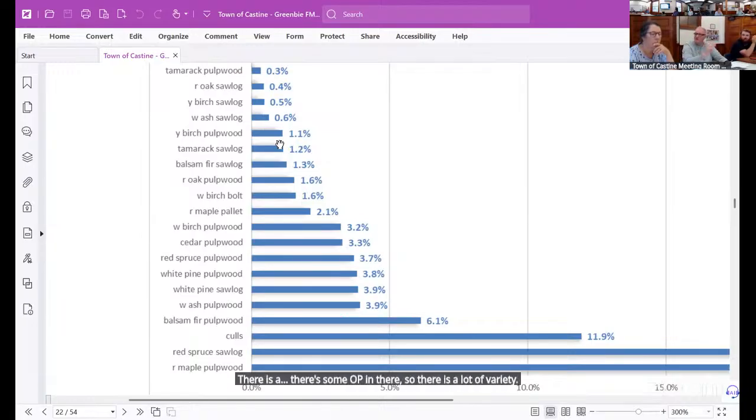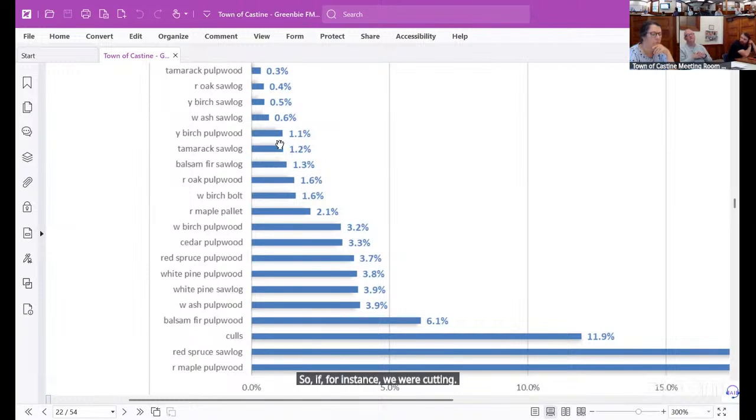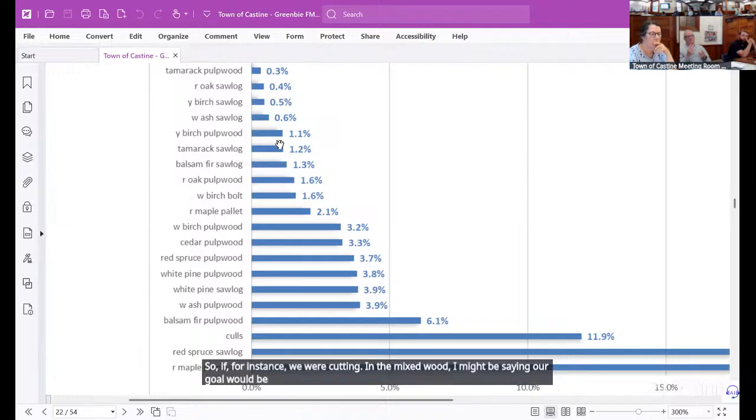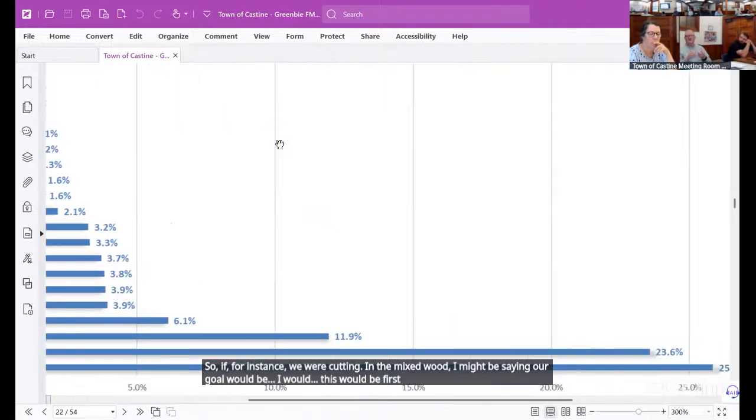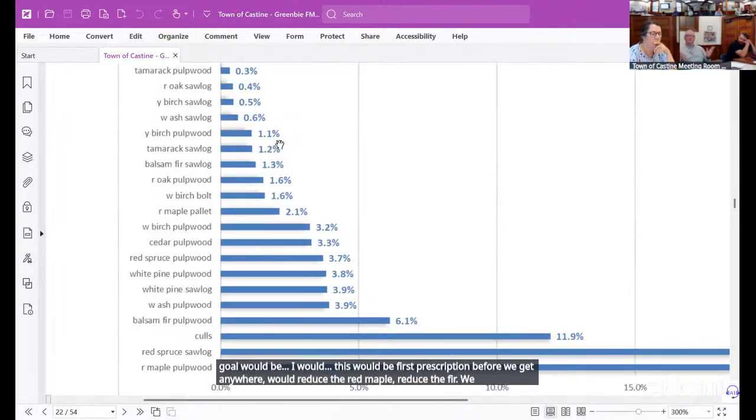But if we do a harvest in there, we want to make sure that we don't just replicate and have red maple come back. So if we were cutting in the mixed wood, our first prescription would be to reduce the red maple and reduce the fir. We would ignore the red spruce saw logs unless they're over mature, meaning they're not going to survive.